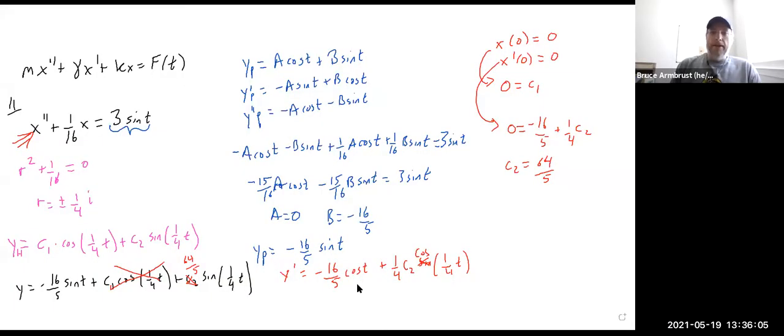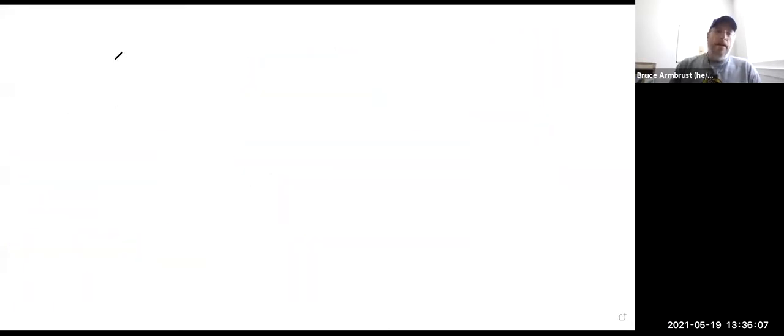So let me come back to the whiteboard, and let's start with a real quick review of circuits. For this circuit, I'm actually going to allow every possible element in it.